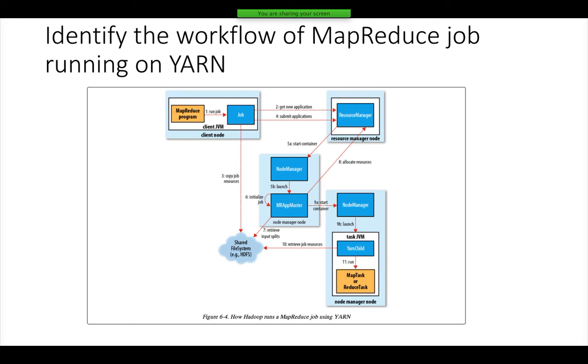In classic, job tracker takes care of the resource management. In yarn, resource manager takes care of the resource management, and the way they take care of the resource management is the slaves, which are task trackers in classic, and node managers in yarn, send heartbeat. Heartbeat is the industry standard mechanism where the slaves communicate to the master that they are alive and they are capable of performing tasks for their master.